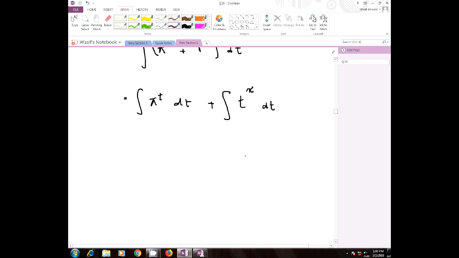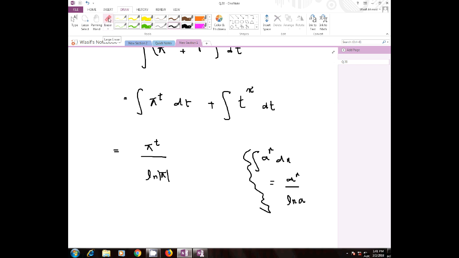And from the table of integrals, a raised to the power x has the integral equal to a raised to the power x divided by natural log of a. So from this formula the first integral is equivalent to pi raised to the power t divided by ln of absolute value of pi.